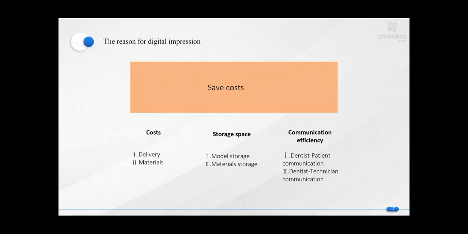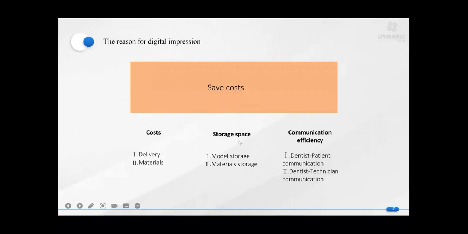And even the communication between the doctors and the lab technicians will be more efficient. The lab can check online whether the data provided by the doctors is available, and the doctor can also provide more patient information to laboratory technicians as reference information for production.